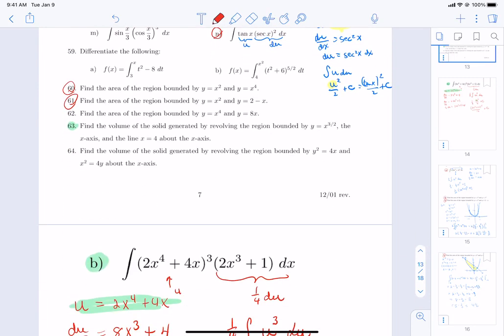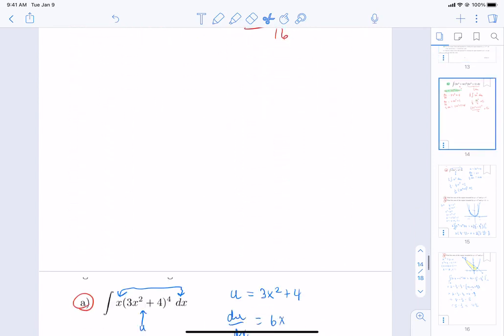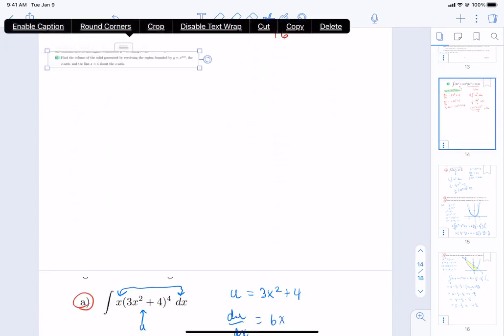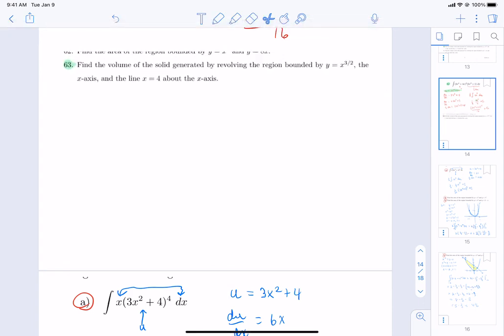Okay. Last problem we will do is problem 63 about a volume. It says find the volume of the solid generated by revolving the region you see of y equals x to the 3 halves, the x-axis, and the line x equals 4 about the x-axis.